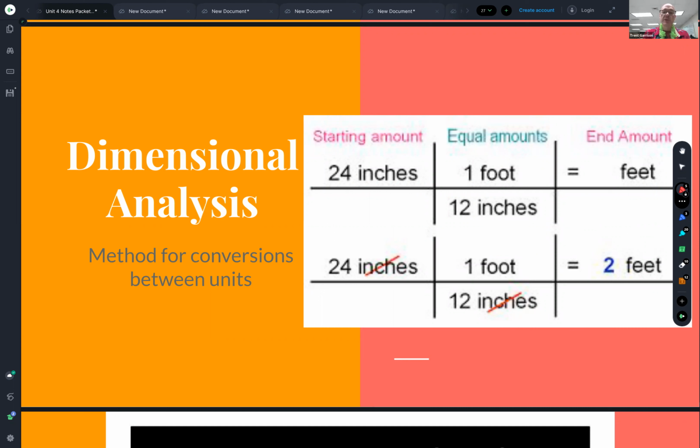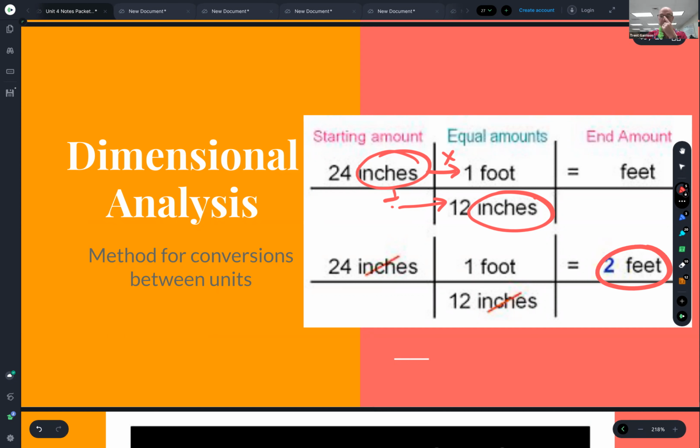And what you do is you always make sure that the unit you start with is canceled out by putting it underneath this process. So to go from 24 inches into feet, that means I need to divide 12 inches for every 1 foot. I multiply across the top, I divide across the bottom. So 24 times 1 divided by 12 gives me the 2 that I want.